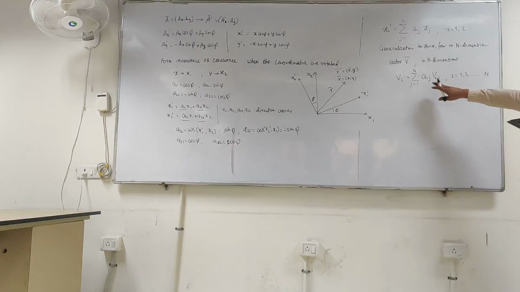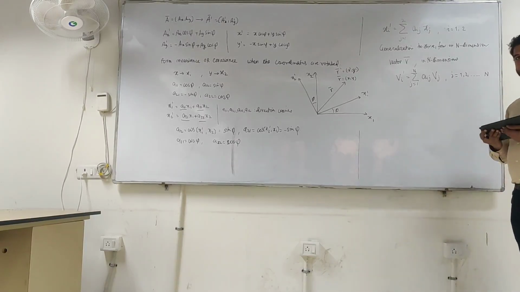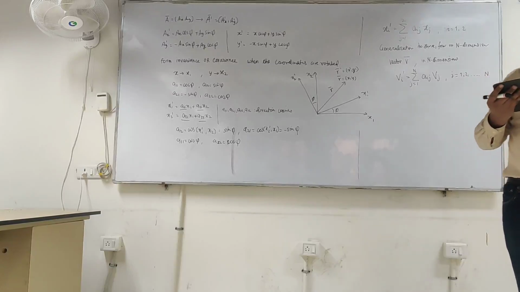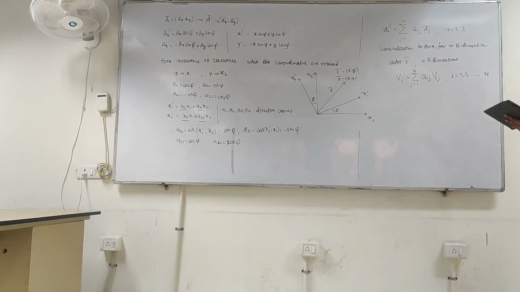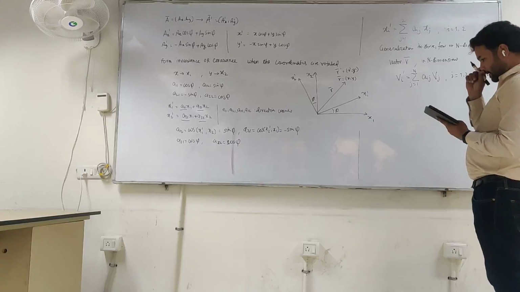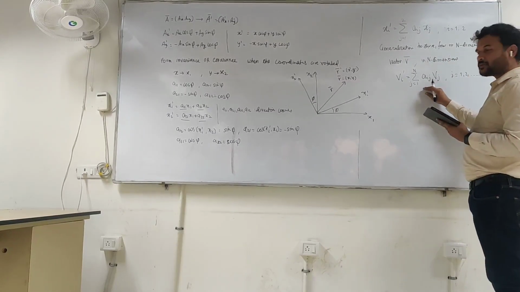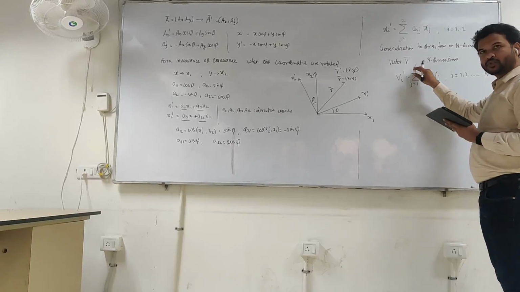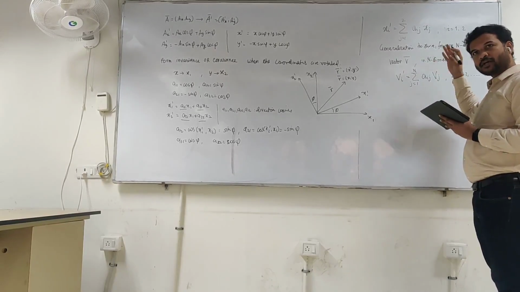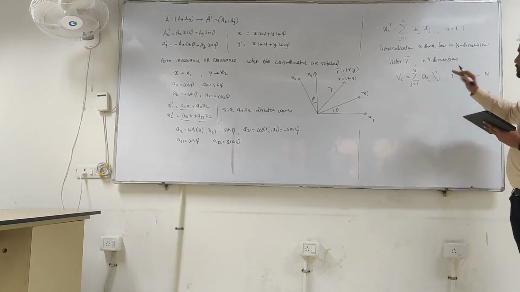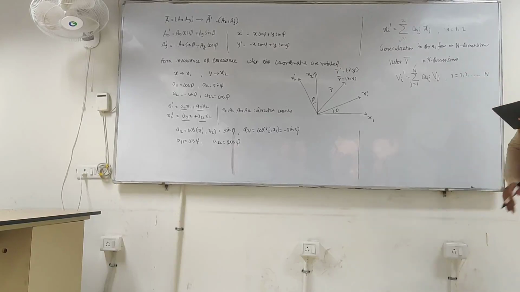Now, aij again is the cosine of the angle between xi prime and xj prime. So you can consider n equal to 2, 3, 4, 5, 6, 7 up to n. When you talk about n dimensions, it's a space which is n-dimensional.